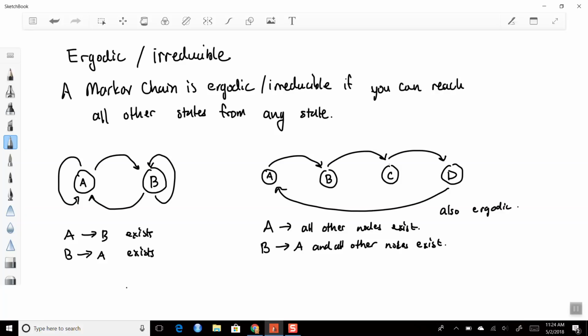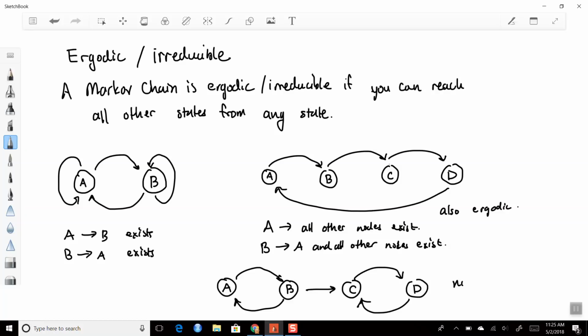Okay. However, if we have something like this, okay, this is not ergodic, because you can go from A to D. You can get from A to B or A to C or A to D. Those paths exist.